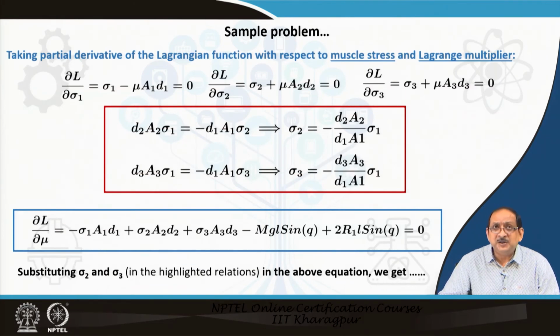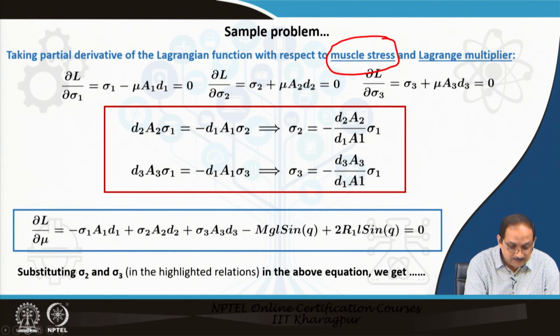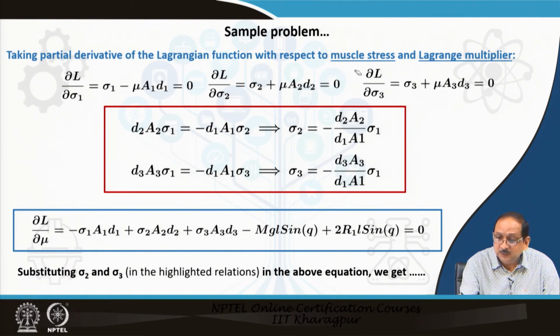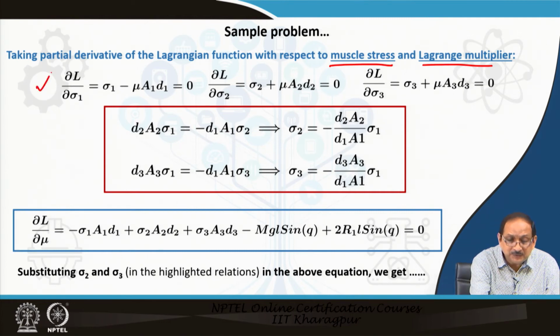Now, taking partial derivative of the Lagrangian function with respect to muscle stress and Lagrangian multiplier, we can write down the following equations.